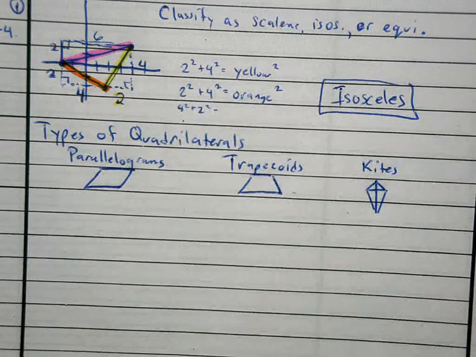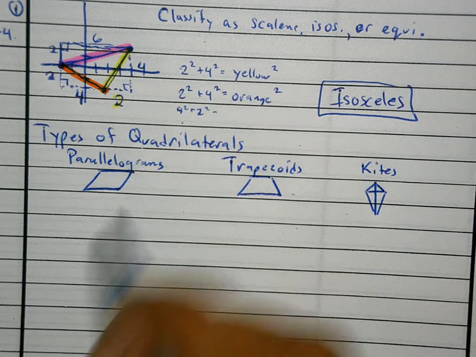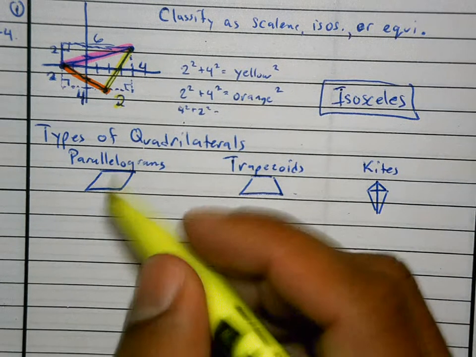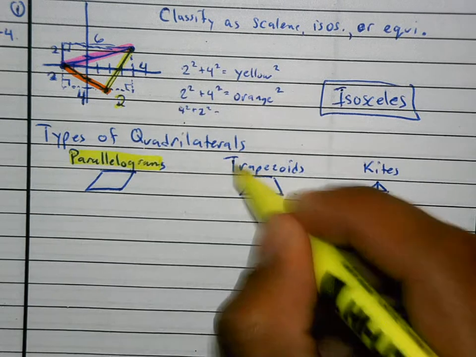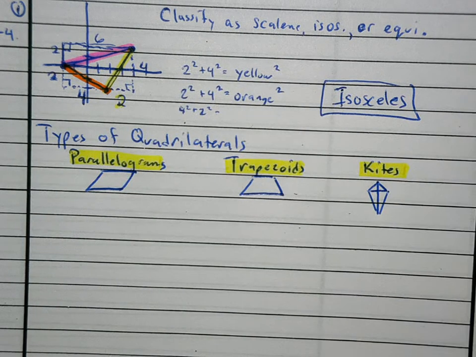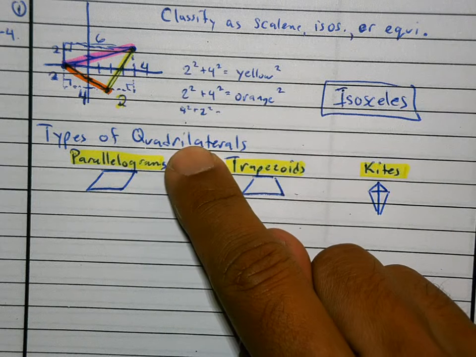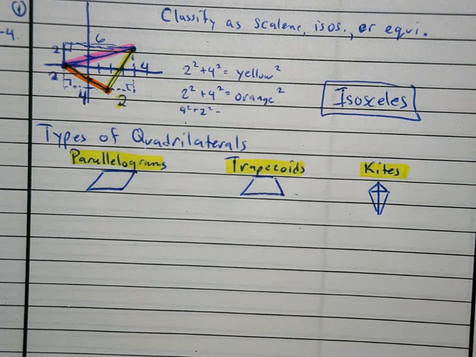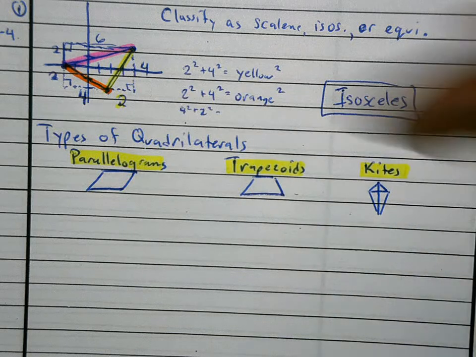There are other kinds of quadrilaterals, but these are the specific ones that we are going to talk about. Parallelograms, trapezoids, and kites. A parallelogram is a quadrilateral. A quadrilateral is not necessarily a parallelogram because it could be a trapezoid or it could be a kite.